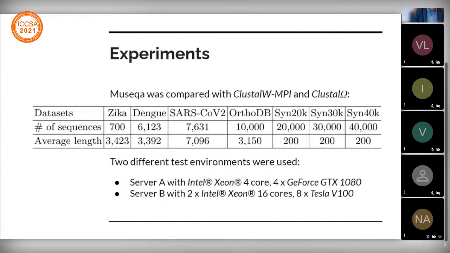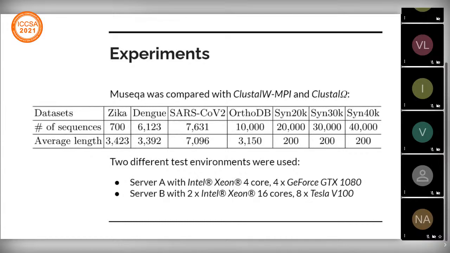So for the experiments we performed, we compared with ClustalW-MPI, which is a parallel implementation of Clustal. And Clustal is a family of solvers which is used a lot in the literature. And also Clustal Omega. Clustal Omega does not use the same heuristics as we do, but currently they are the state of the art.